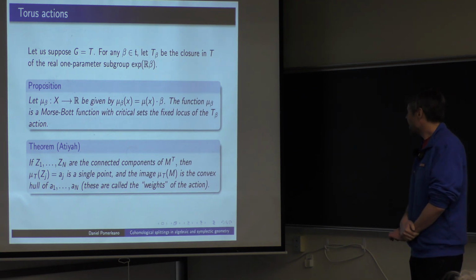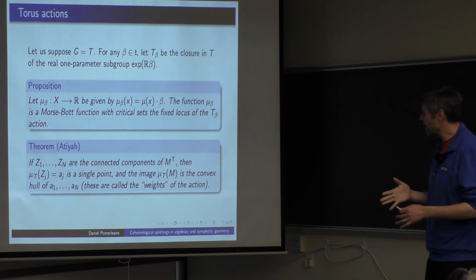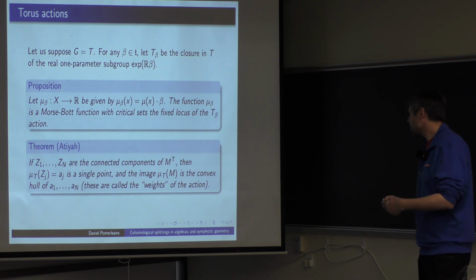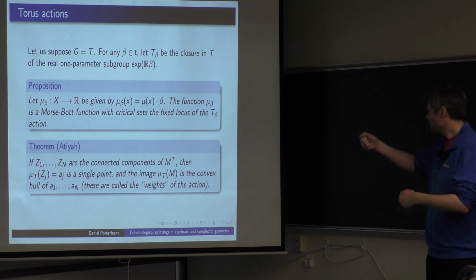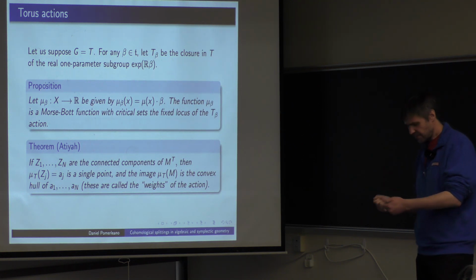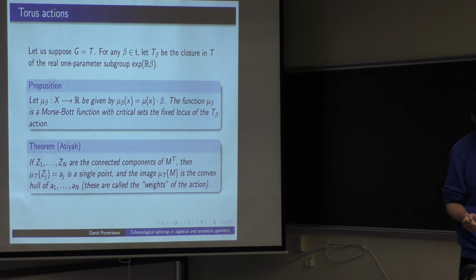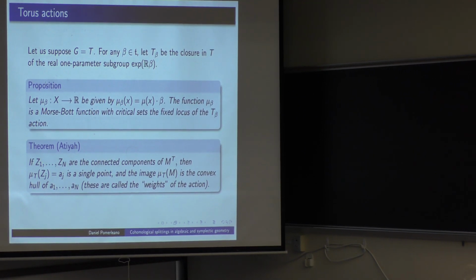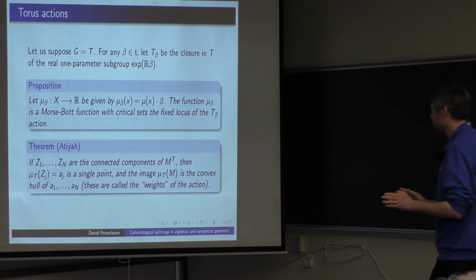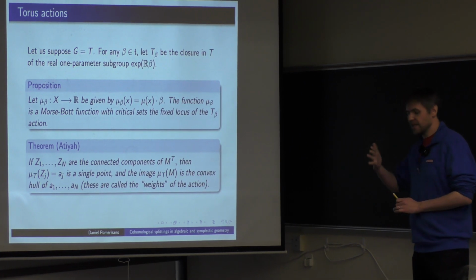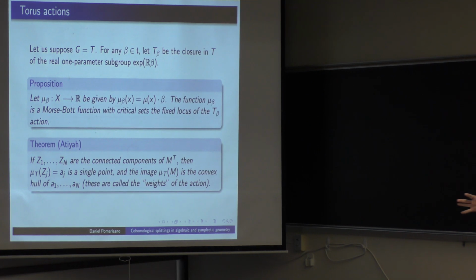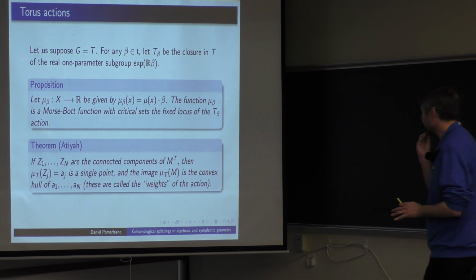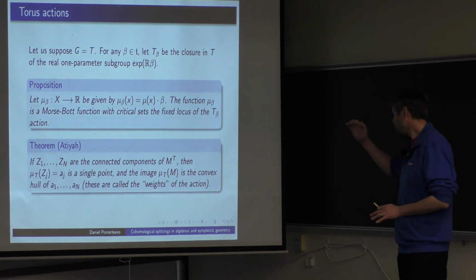Then for any element of your Lie algebra, you can consider this function, where you pair your moment map with this element of the Lie algebra, and you get what's called the beta component of the moment map. That's a function, and it's an old theorem of Atiyah that it's always a Morse-Bott function.